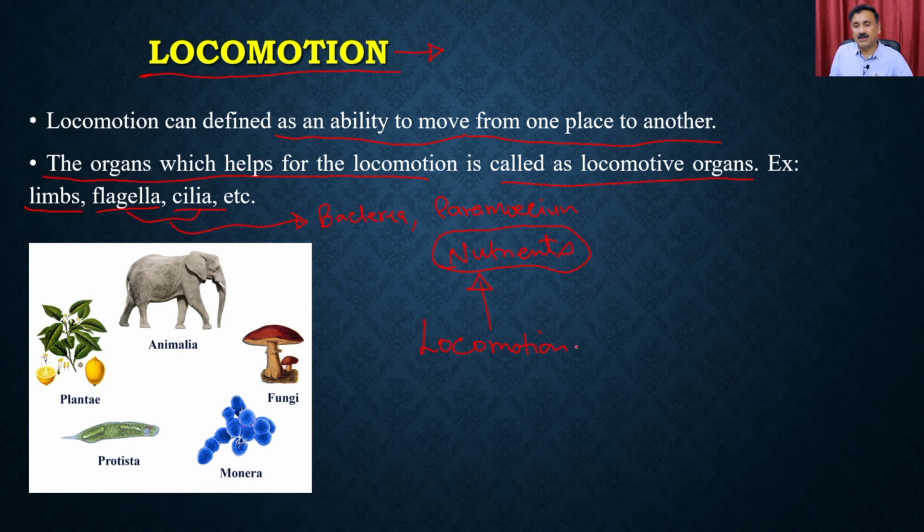Sometimes the locomotion is required because you want to avoid a particular prey, right. At that time you are going to run away, right. That locomotion helps the organism to avoid the prey, and it gets saved from the particular prey, right. The locomotion is also required for hunting.